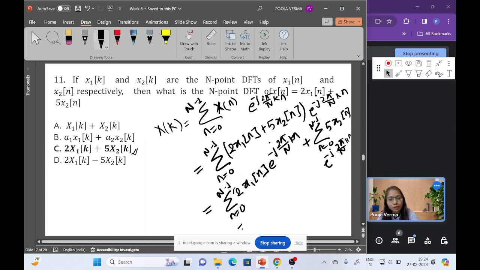Here 2 and 5 are constants, so we can put them outside of the summation. Then the whole part x1 of n e to the power minus j 2 pi by N k n is equal to X1 of k. What is the formula of DFT? And similarly for this also, plus 5x2 of n.